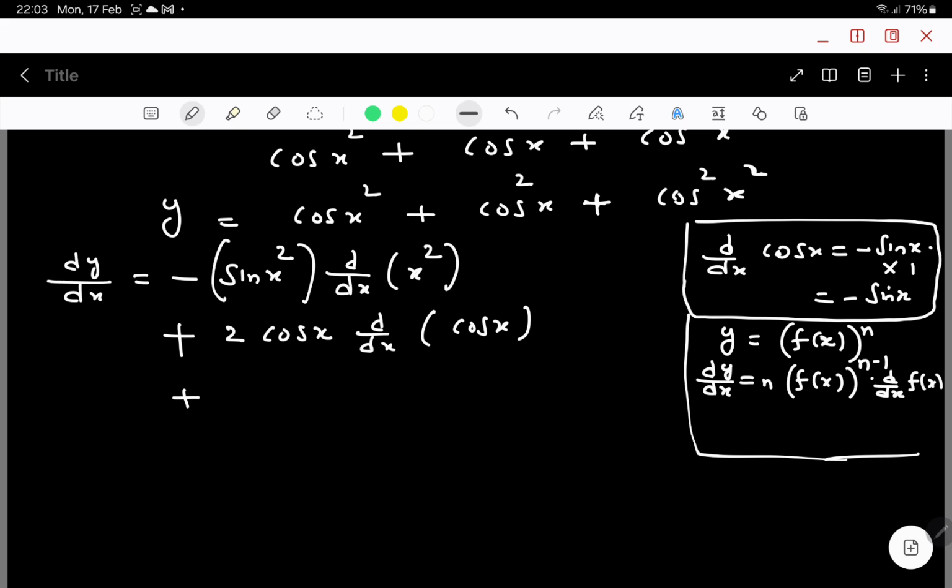Again differentiating cos square x square, we apply the same power rule: 2 cos again power 1, x square. Instead of x in the previous term, in this term we get x square. So write cos x square, d by dx of the base f of x. What is the base? Cos x square.